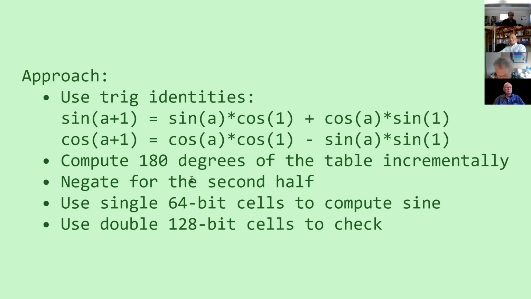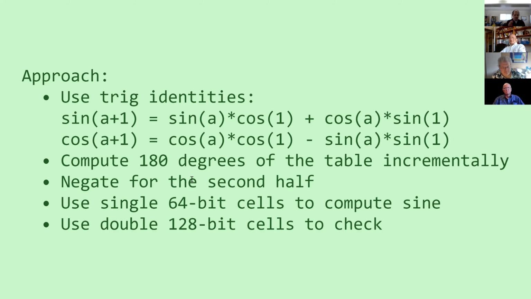And if you make the second value in that form a single degree, you can come up with a straightforward identity that describes an angle plus one's sine and cosine in terms of the prior degree's angle plus 1. So I go through and use this particular identity to incrementally compute 180 degrees of the table.